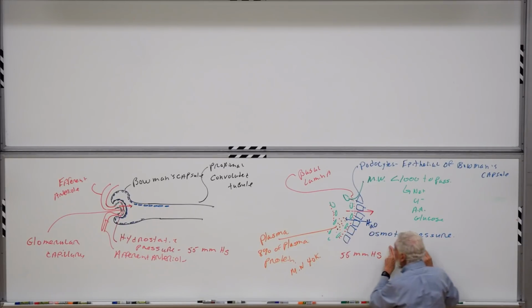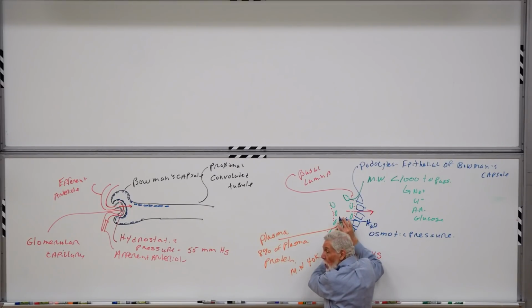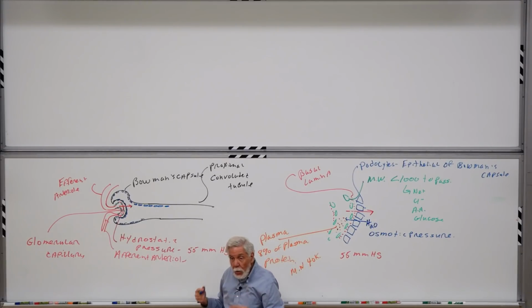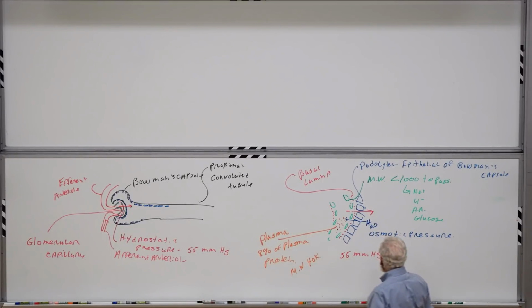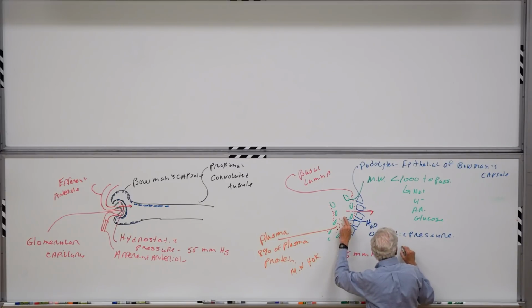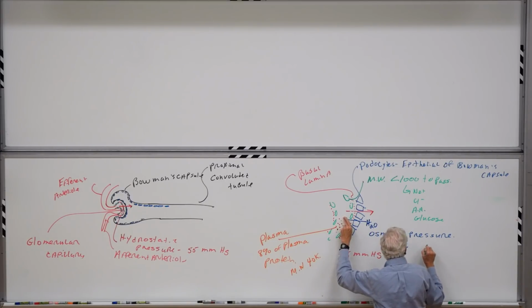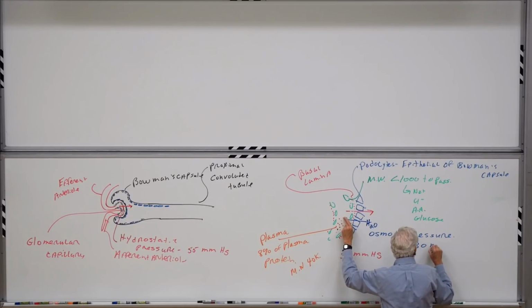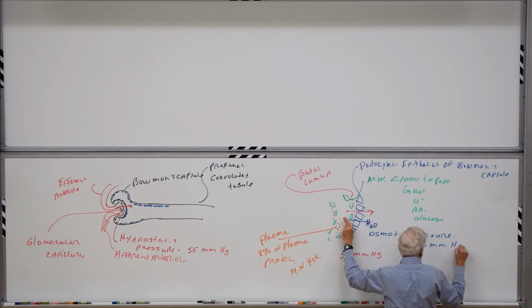Just as in the systemic capillaries, we had an osmotic pressure drawing the fluid back into the capillaries, we have the same thing here. But now we can quantify this pressure. We can say that this osmotic pressure moving the fluid back into the blood vascular compartment is in the neighborhood of about 30 millimeters of mercury.